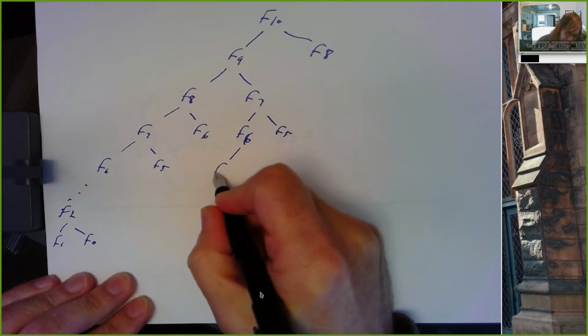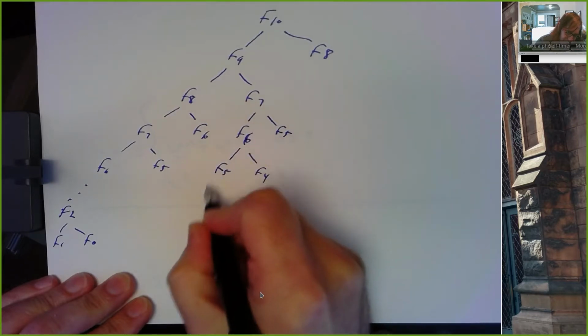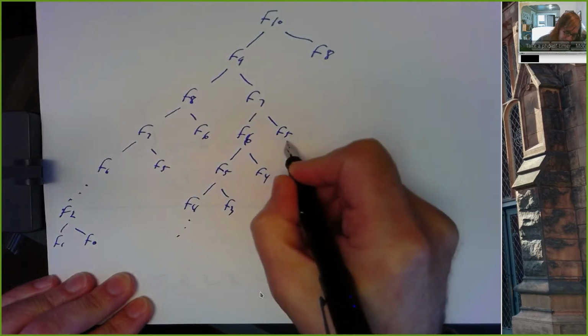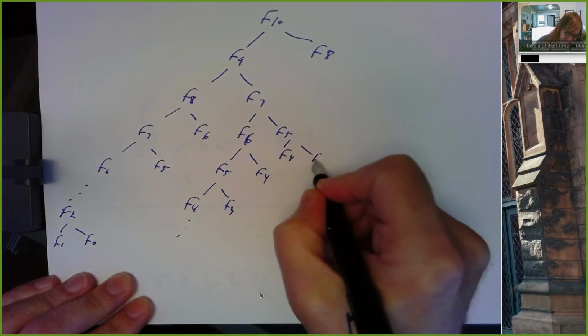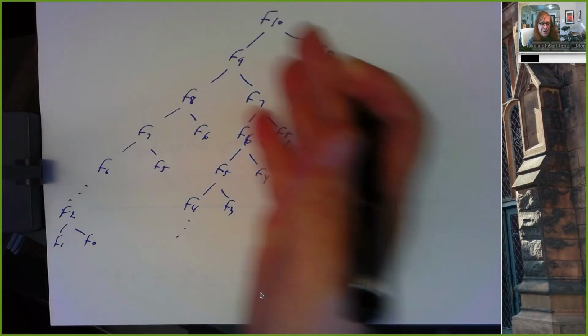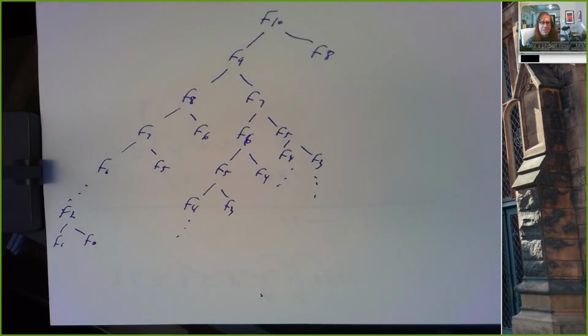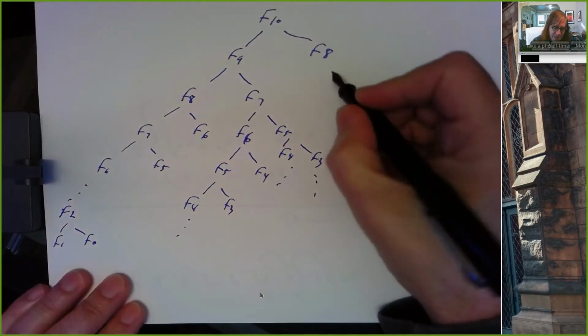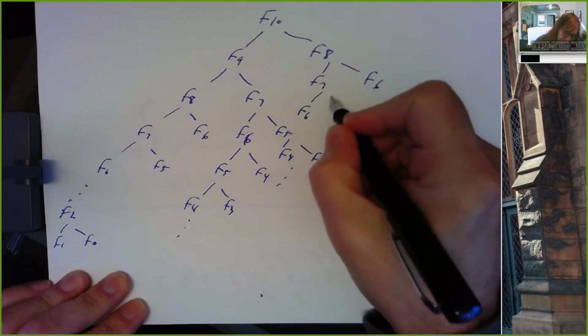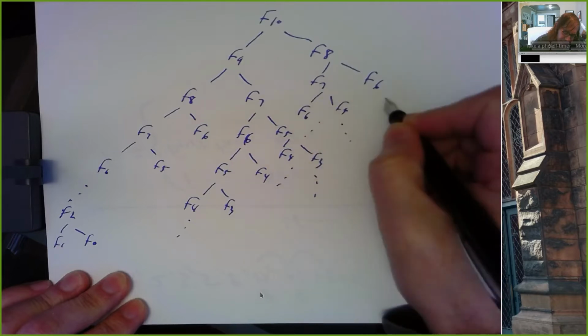And to calculate F6, we need F5 and F4, and F5 takes F4 and F3, and so on. And this F5 over here takes F4 and F3, and so on. And all of that will get us F9. And then to do F8, we'll have to do F7 and F6, and F7 will require F6 and F5, and so on.